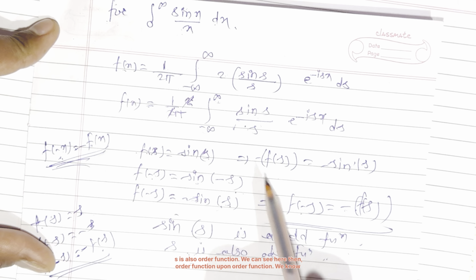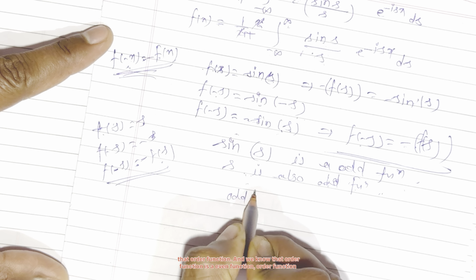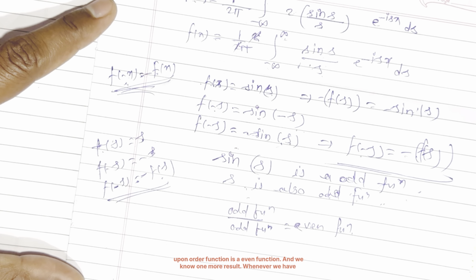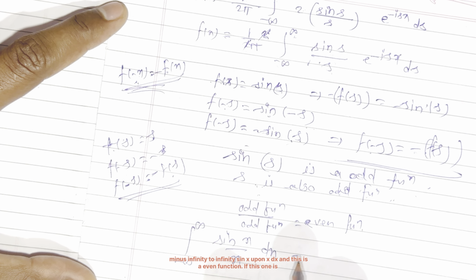We can see here odd function upon odd function. We know that an odd function upon an odd function is an even function. And we know one more result: whenever we have the integral from minus infinity to infinity of sin x upon x dx, it is an even function.